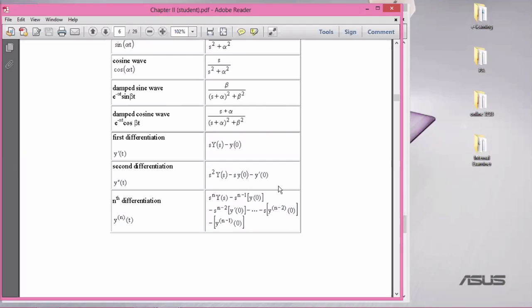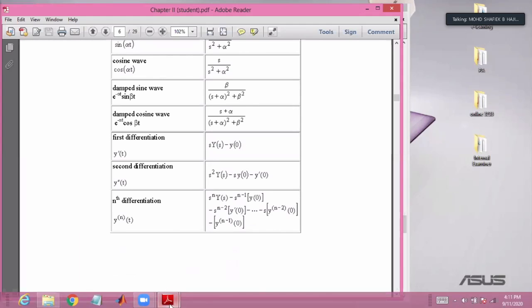Since the initial conditions are not 0, we need to consider all the terms. And the Laplace transform of the first derivative is s Y of s minus y of 0. Distinguish between capital Y and the small y. Small y represents the time domain, the value of y at time equals 0.